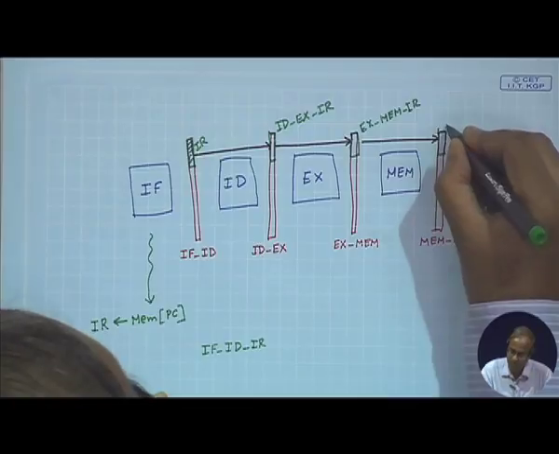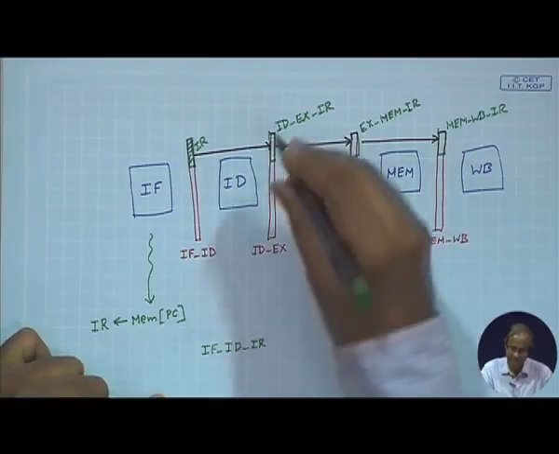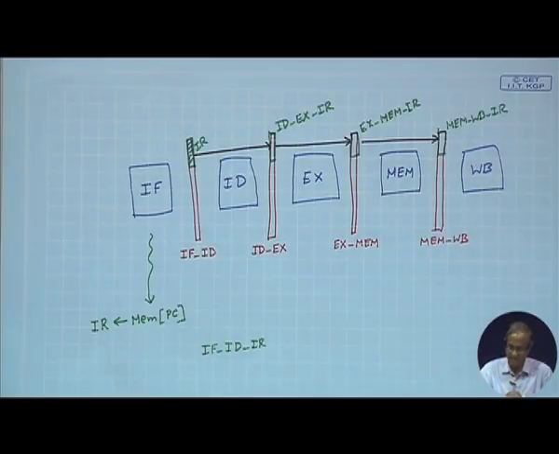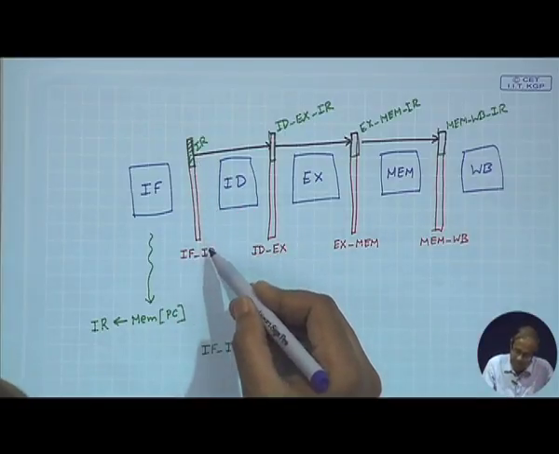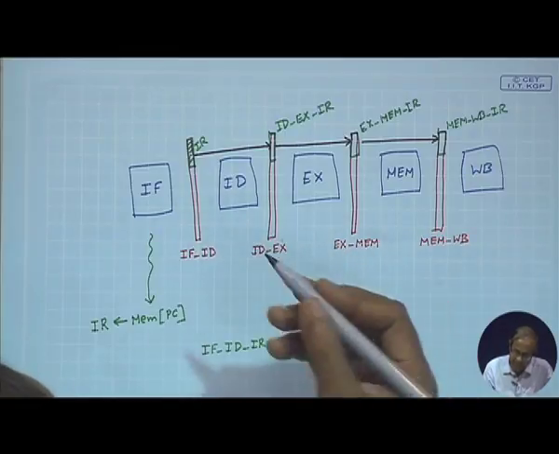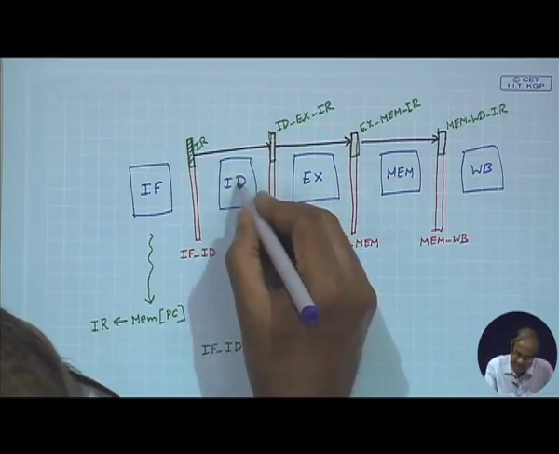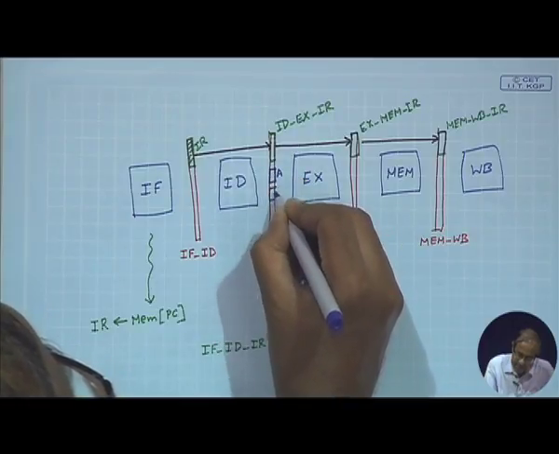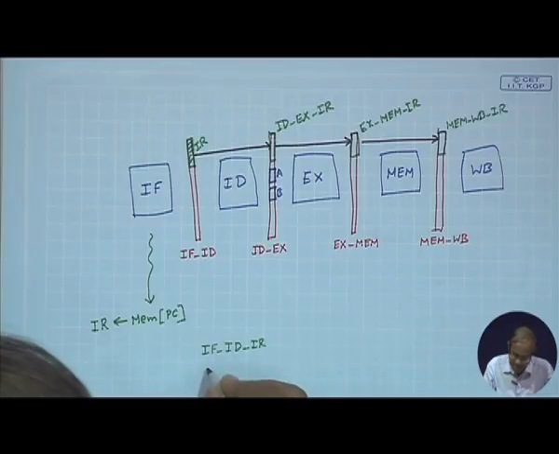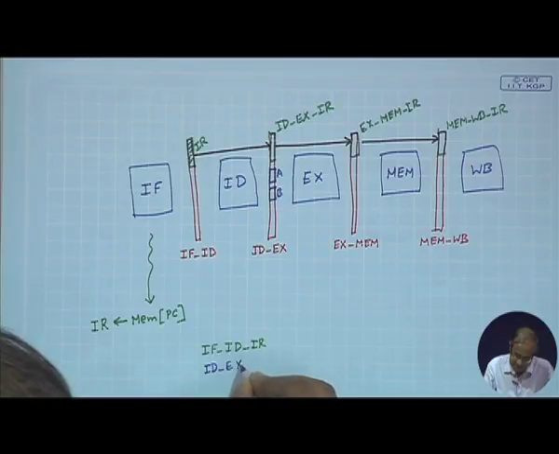This we will be calling mem WB IR. Now, the reason I have taken the example of IR is that there is a good reason for this. This IR is just one example. There will be many other registers which will also be handled the same way. For example, in the instruction decode, when you fetch from the register bank, there will be one register called A, another register called B. They will be similarly named: this will be ID_EX_A and ID_EX_B.